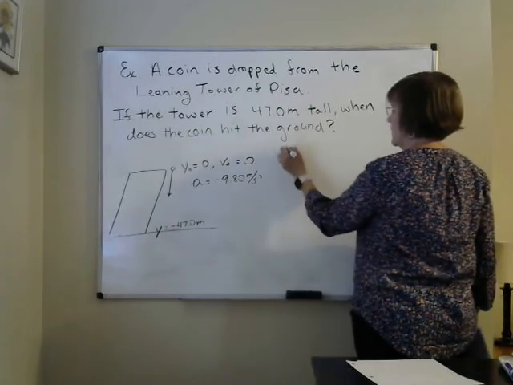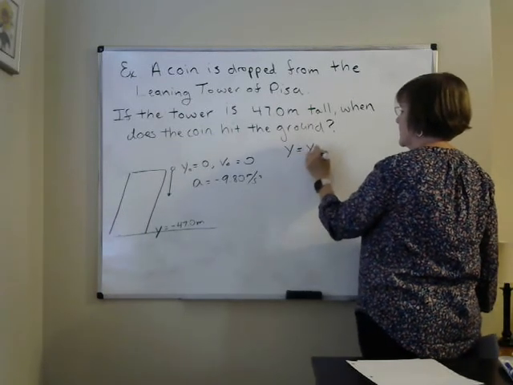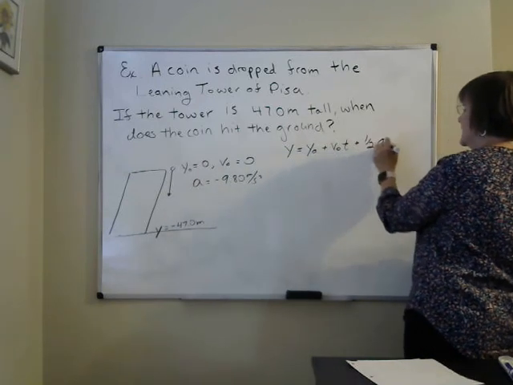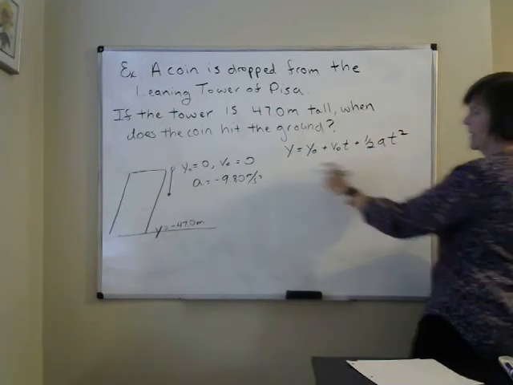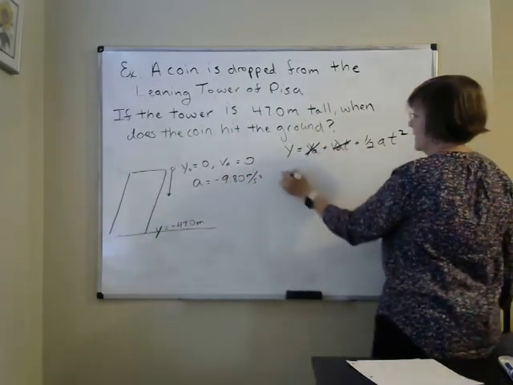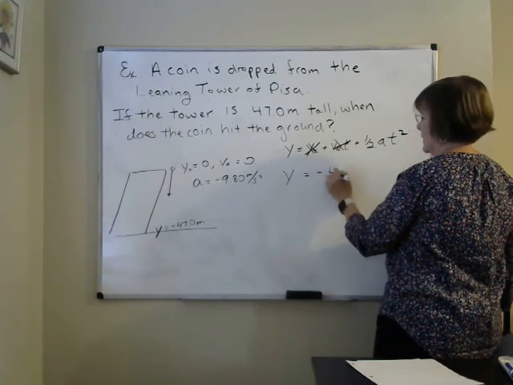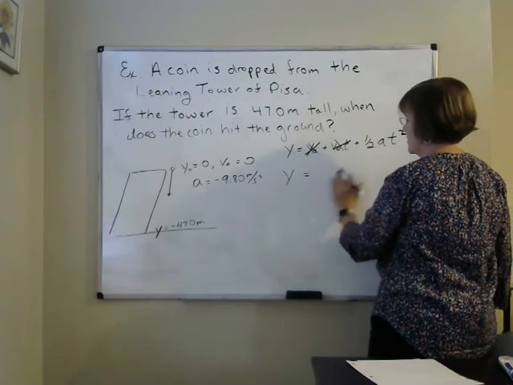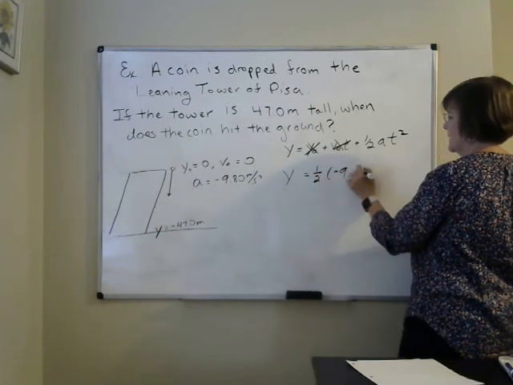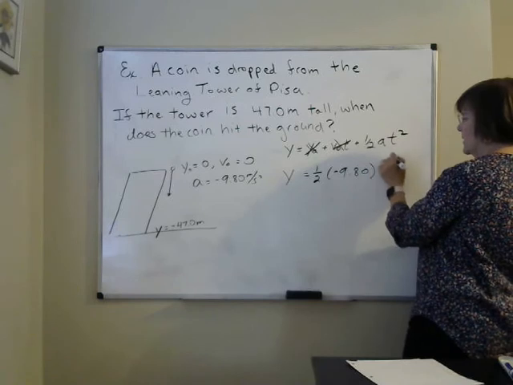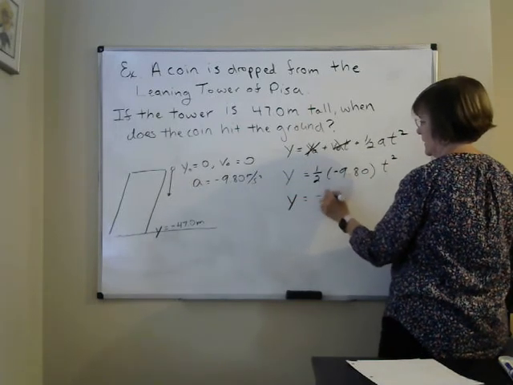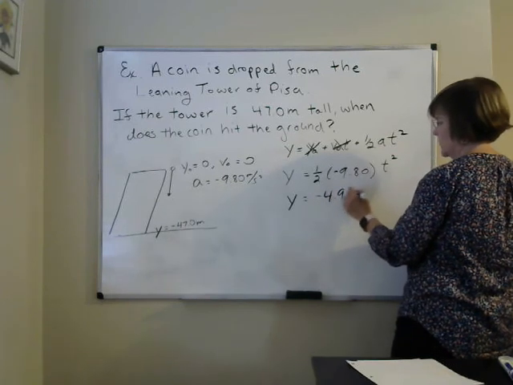Okay. Remember a minute ago? y equals y0 plus v0 t plus 1/2 a t squared. But we said that's 0, that's 0. This goes away. This goes away. y is just 1/2 negative 9.8 times t squared, or negative 4.9 t squared.